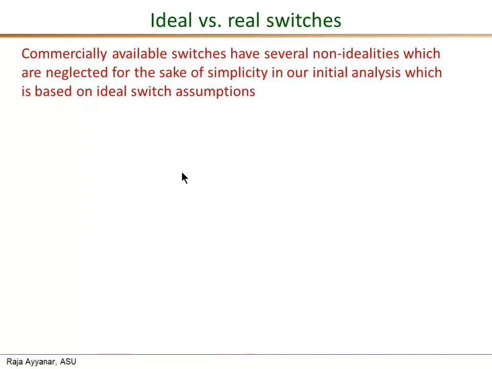Now, let me say that for a large part of our analysis in several upcoming videos, we will be assuming ideal devices, ideal switches and ideal diodes for the sake of simplicity of analysis. But I think it is also important, even at this stage, to be at least aware of the things that we are neglecting in assuming ideal switches. The non-idealities present in real switches that are commercially available are listed here.